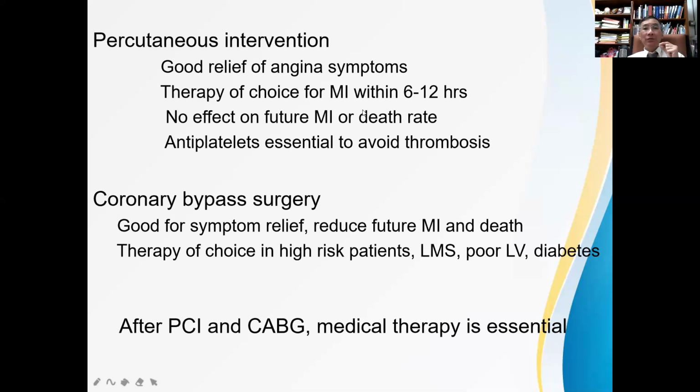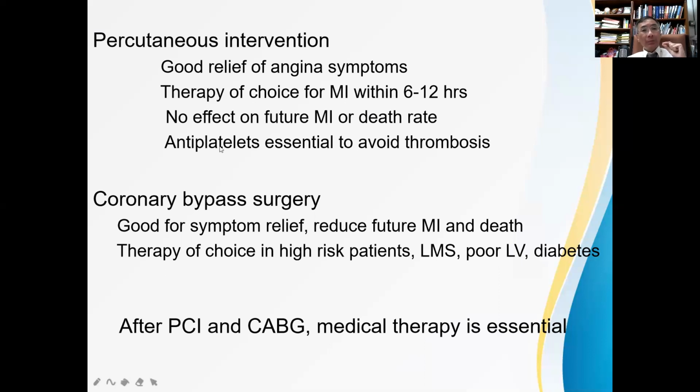Percutaneous intervention treats the stable plaque. Therefore, treating a patient with stable angina, with stable plaque, with percutaneous intervention will not reduce future heart attacks and death. Good for symptoms, not good for reducing future adverse events or improving prognosis.